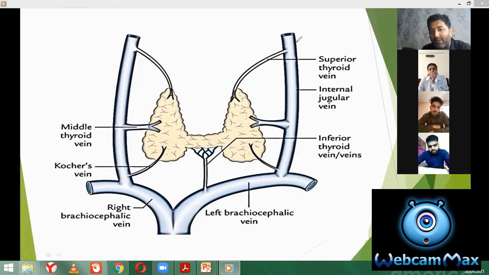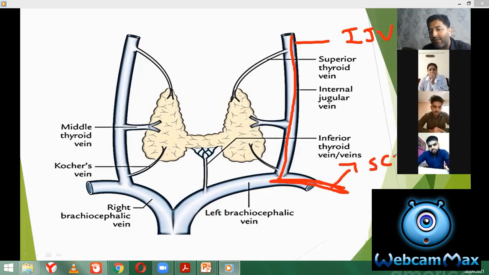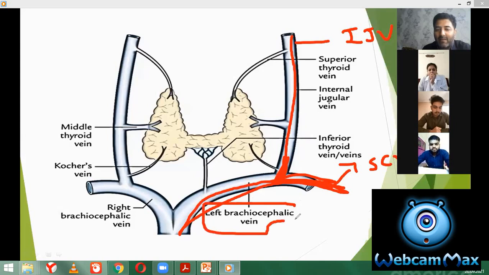Are you seeing this? This is your internal jugular vein. The internal jugular vein is going downward. It is joined here by this vein, the subclavian vein. The subclavian vein joins with the internal jugular vein, forming this vein, which is known as the brachiocephalic vein.